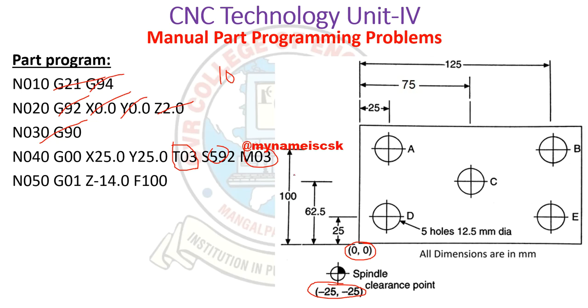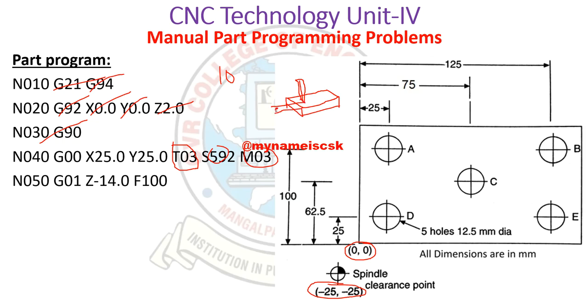Suppose I draw a 3D sketch. This is our height and this is our plate. Our cutting tool is at a height, and this distance comes as 2 mm.